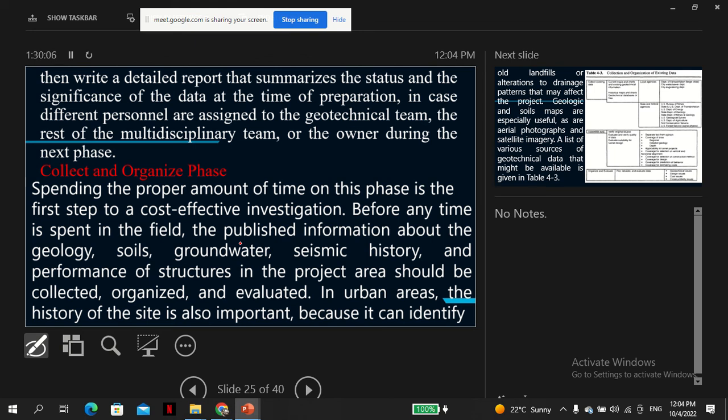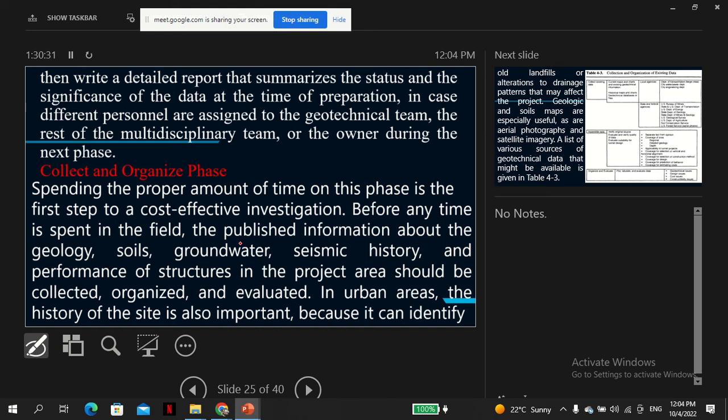If things are done in a hurry, the likelihood of making a mistake is very high. So each phase you need to give enough time so that things are done properly. Spending the proper amount of time on this phase is the first step to cost-effective investigation.